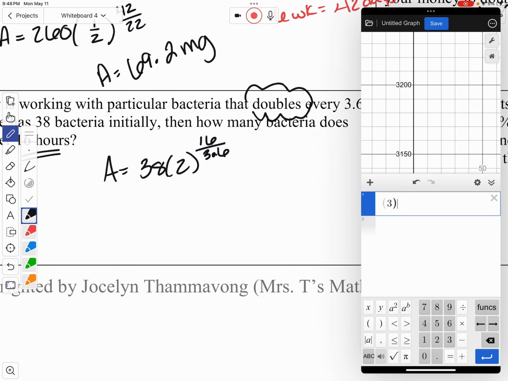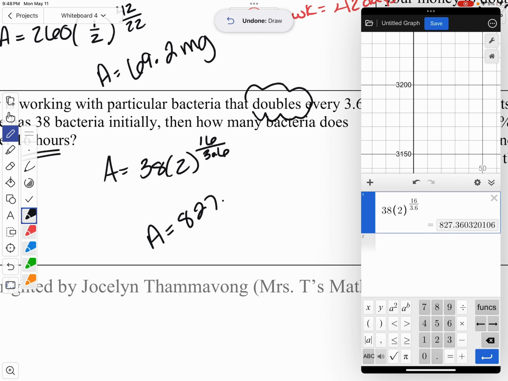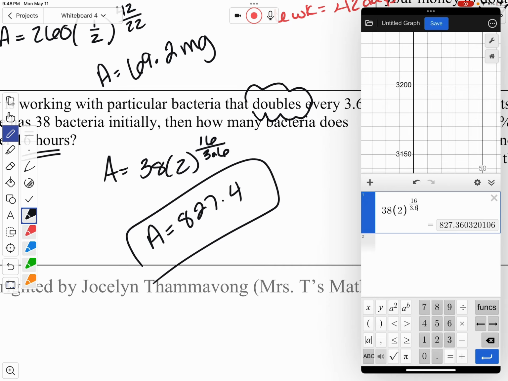38 bacteria doubling. We're watching it for 16 hours, but it's going to do its thing every 3.6. So after 16 hours, we have 827.4 whatever bacteria. And it's a bacteria.